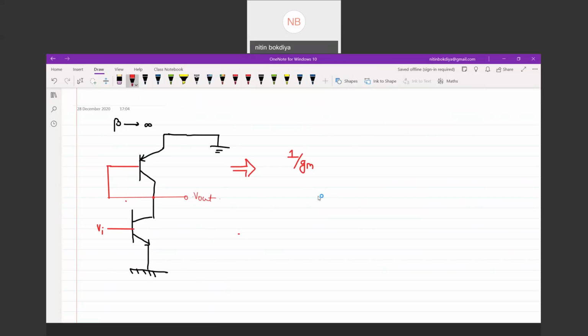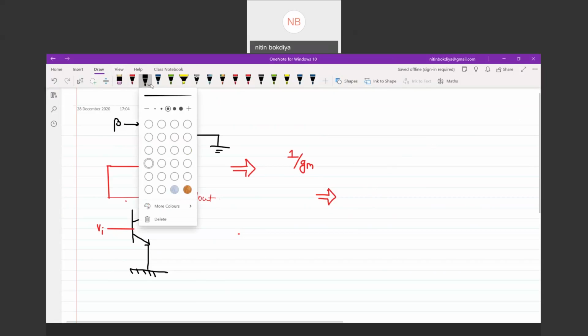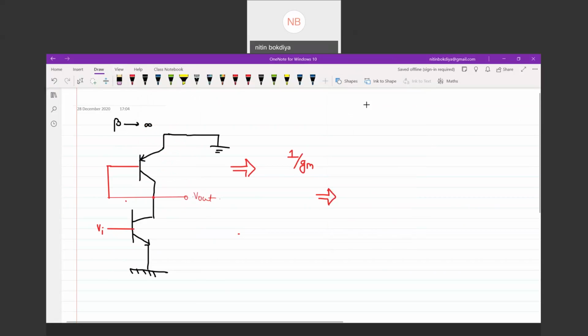The equivalent circuit to this is like this. You can say this is my VI.